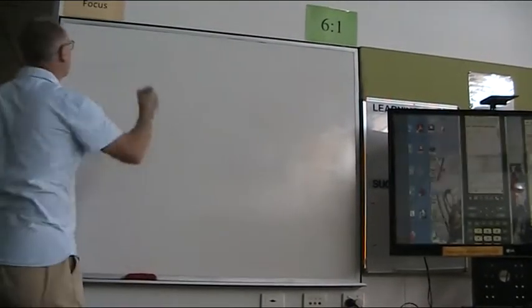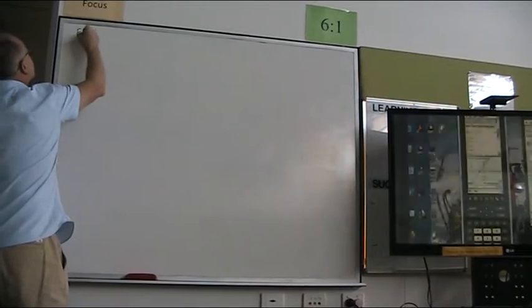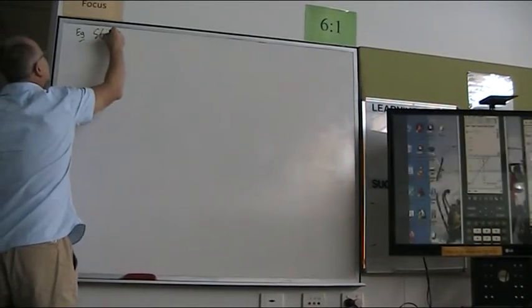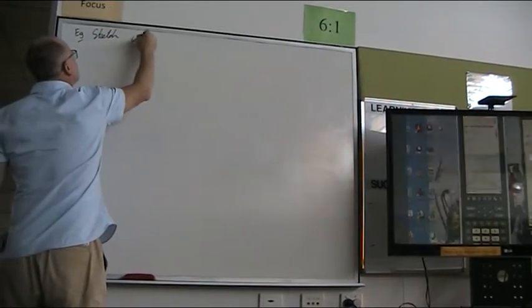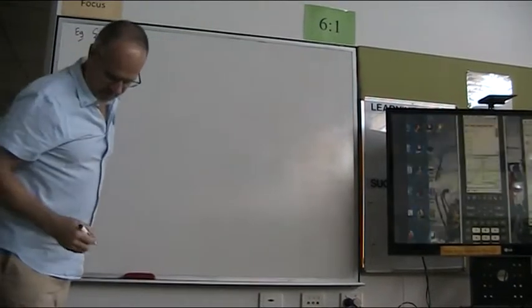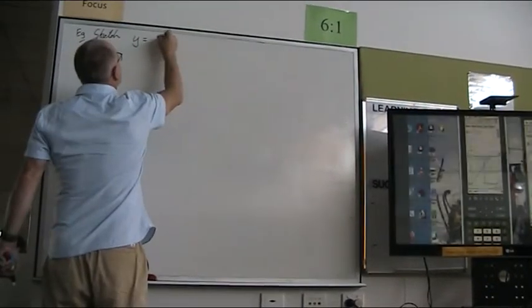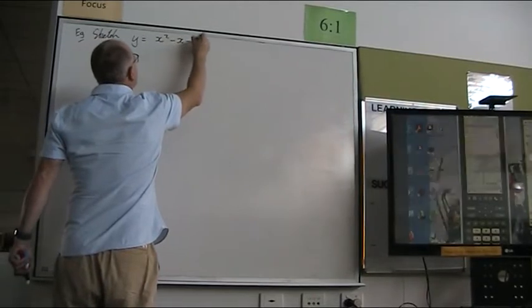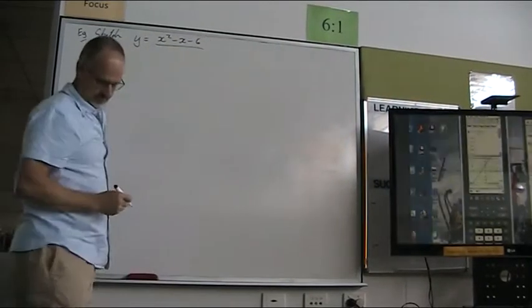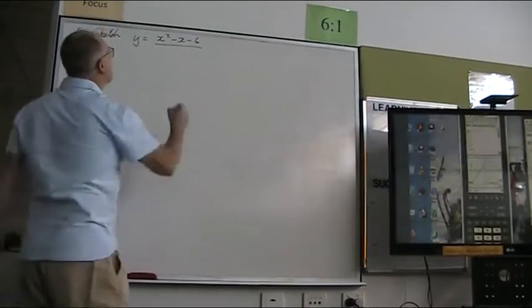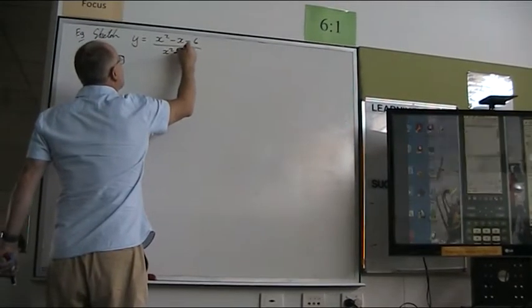Alright, so let's have a look at another one. y equals x squared minus x minus 6 over x squared minus 1.